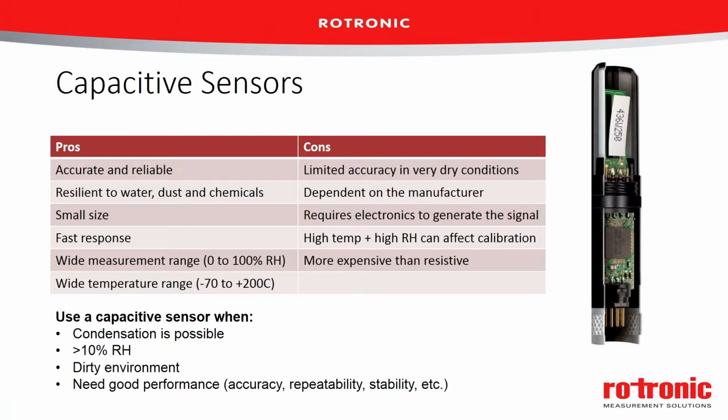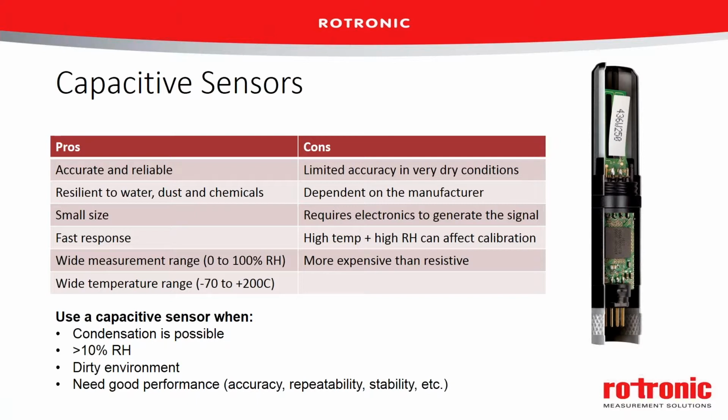These tend to be a little bit more expensive than resistive sensors, but the performance that we get out of them is typically better. We're going to use or look at using a capacitive sensor when potentially we've got condensation in our environment. We're probably looking at 5 or 10% relative humidity and higher, or if we've got a dirty environment, dust around.